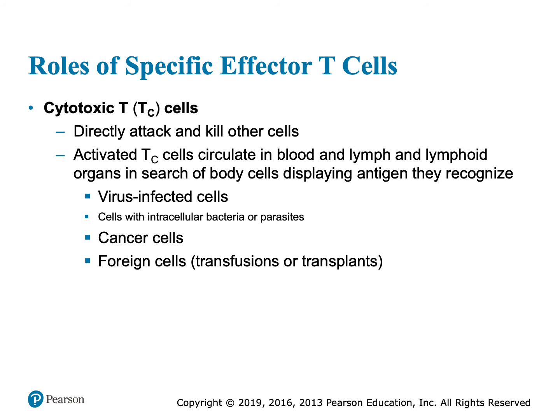Okay, so I'm hoping you've got the idea now that the only true killers are the cytotoxic T cells and the natural killers. Natural killers are not specific. Cytotoxic Ts are specific.